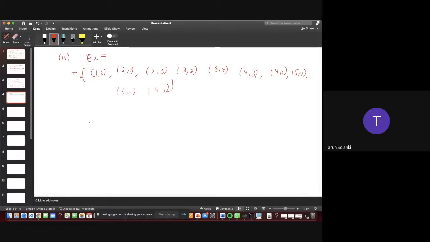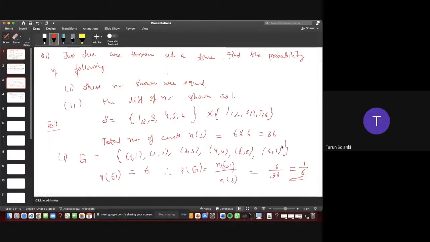So the total n of E2 is equal to 10, and the probability of E2 is n of E2 by n of S, that is 10 by 36, which we can write as 5 by 18. So this is the answer for the second part. Copy both the parts.